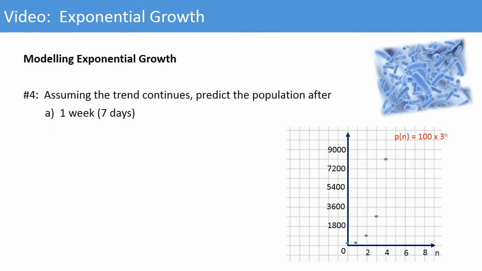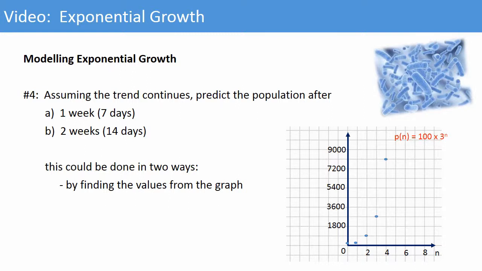Now, number 4, assuming this trend continues, predict the population after 1 week, which is 7 days, and 2 weeks, which is 14 days. This could be done in 2 ways: by finding the values from the graph, or substituting the required dates into the formula for the value of n.